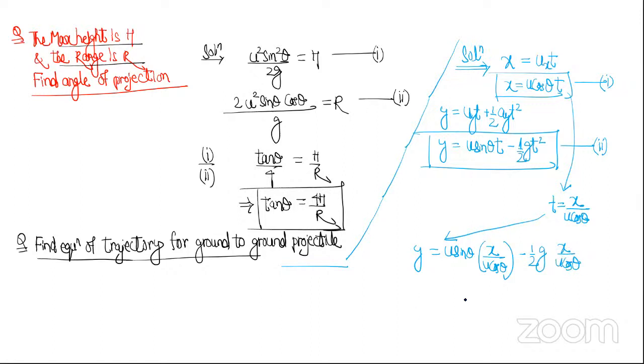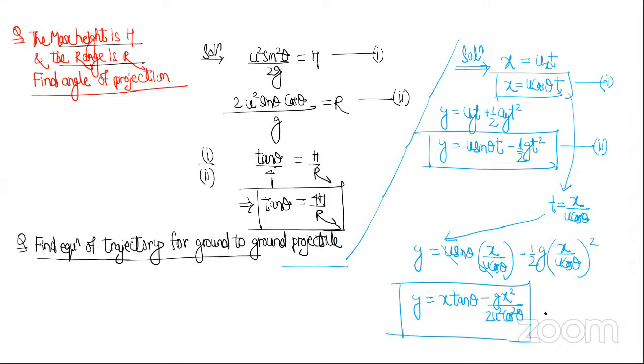So this comes out to be, here you will get cancelled out. You will have x minus gx square by 2u square cos square theta.